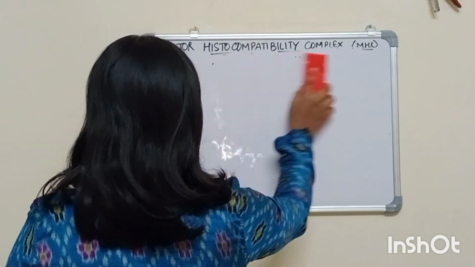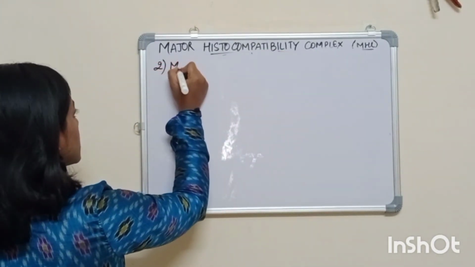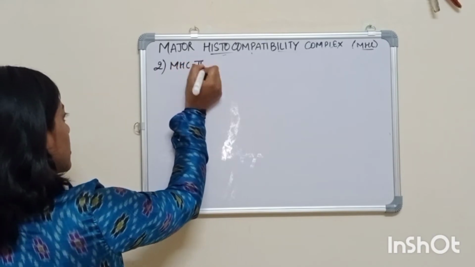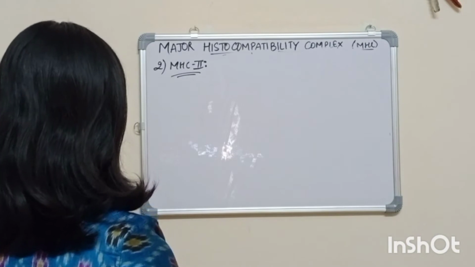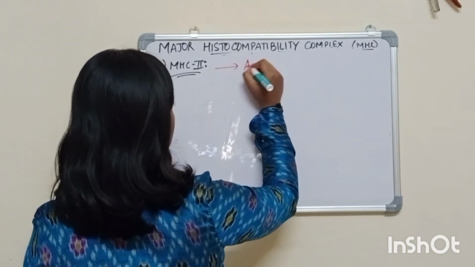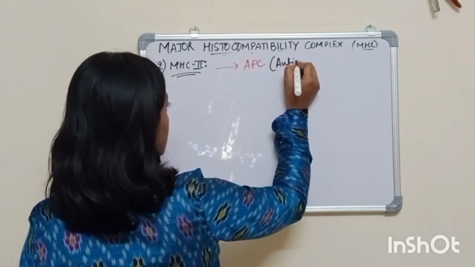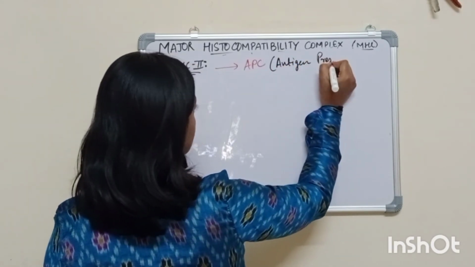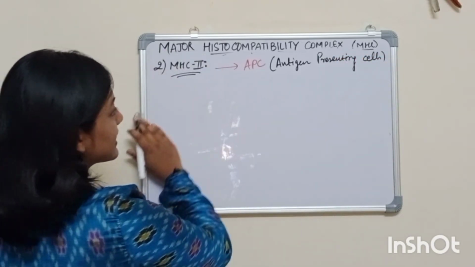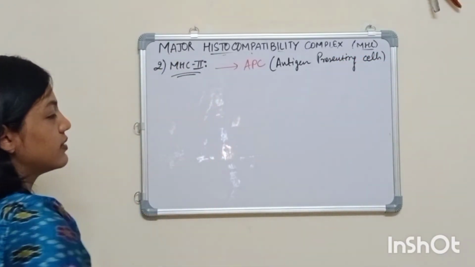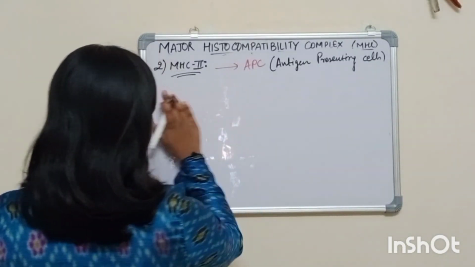Now let's discuss MHC2. MHC2 is found only in APCs, that is antigen presenting cells. What are antigen presenting cells? The cells that present the antigen to other cells, like T cells.